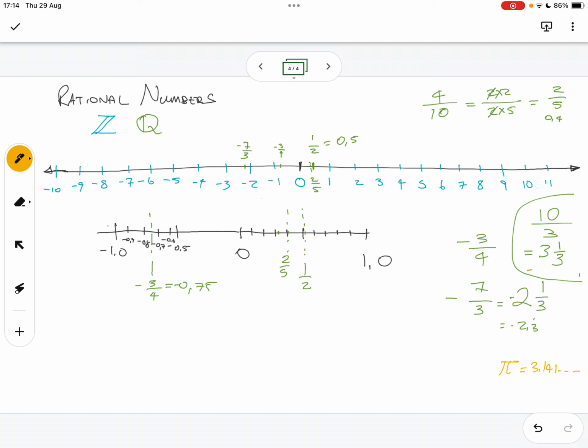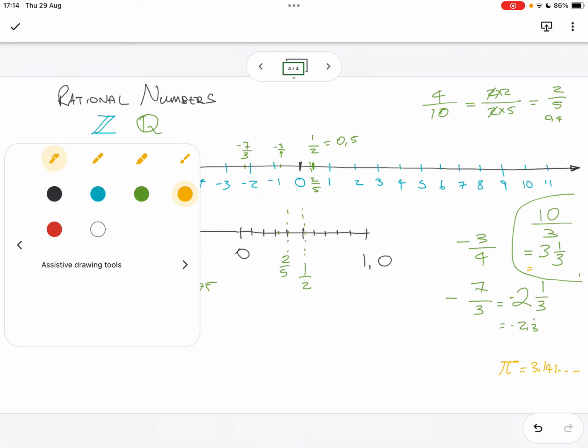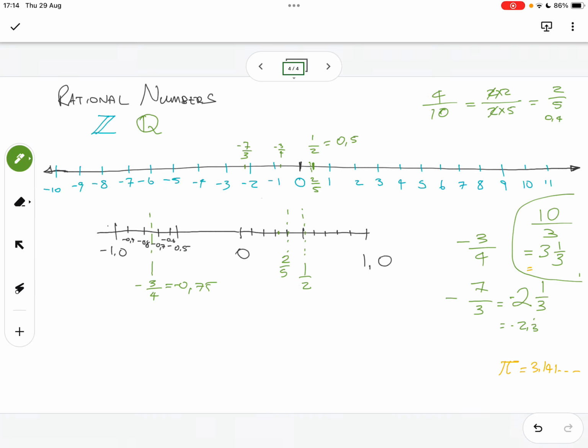So 10 over 3 would be 3.3 recurring like that. So I just want you to see that the number 10 divided by 3 gives us 3.333 recurring, right? Okay, that's a fraction with a recurring decimal, right?